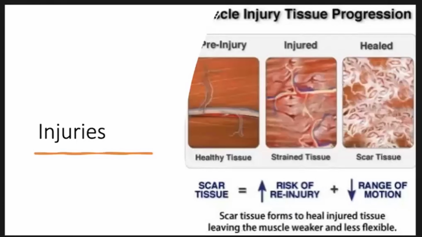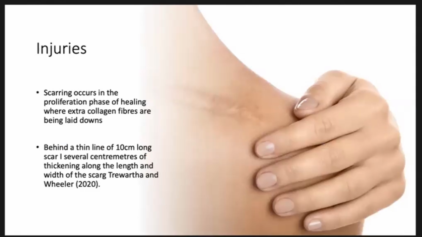And the reality with scar tissue is, which I'll show you here, that's a book, this book is about scars. As I said previously, scarring is part of what we call proliferation.